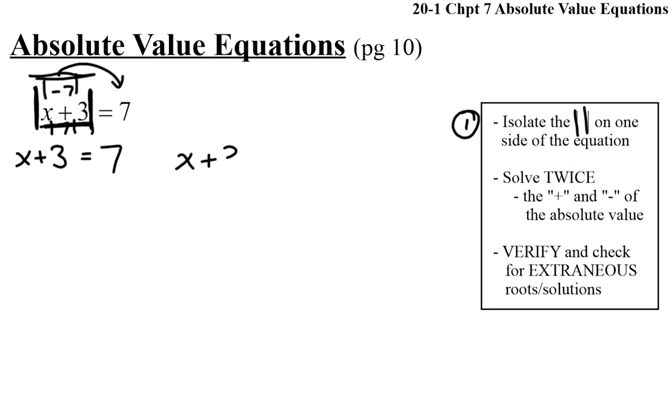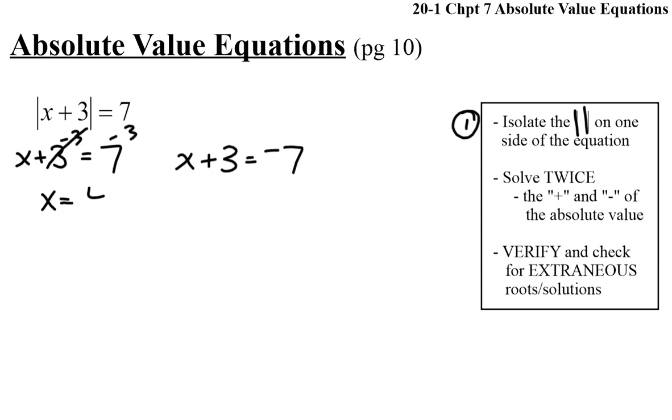So our x plus 3 could also be the negative of what we're trying to find. That's the trick. You're going to have to do 2 algebra questions for each. If I solve, subtract 3 from both sides, x is equal to 4. Here, subtract 3 if I solve this one, and x would equal negative 10. So we solved twice.